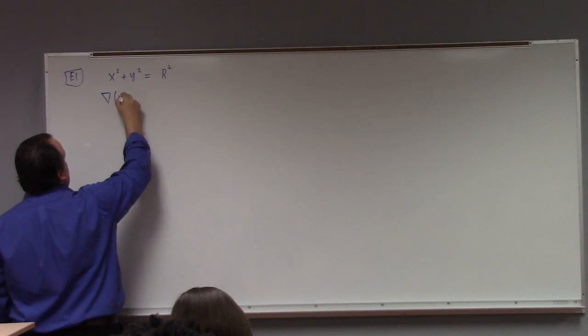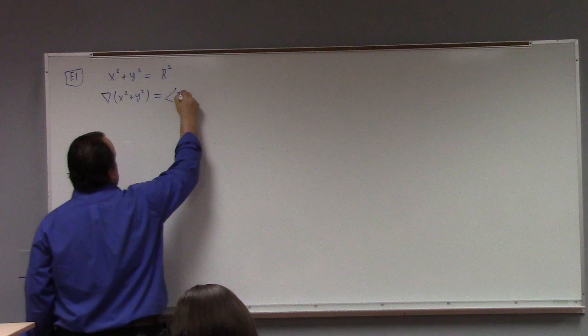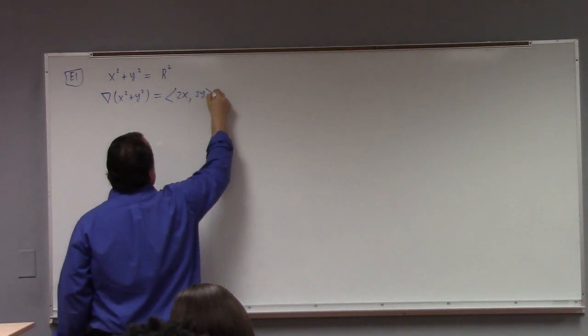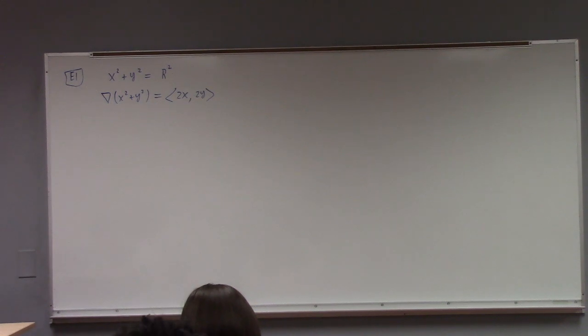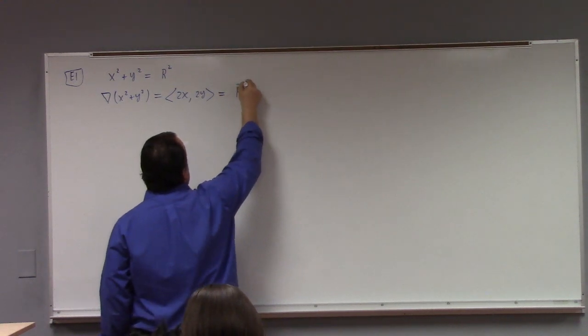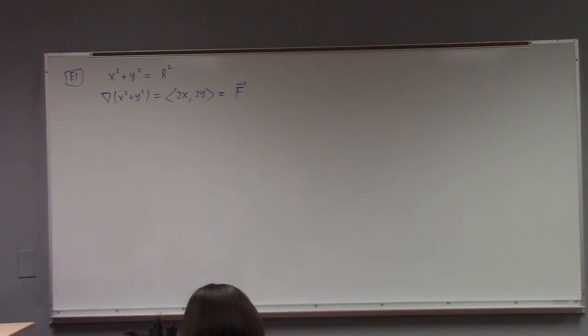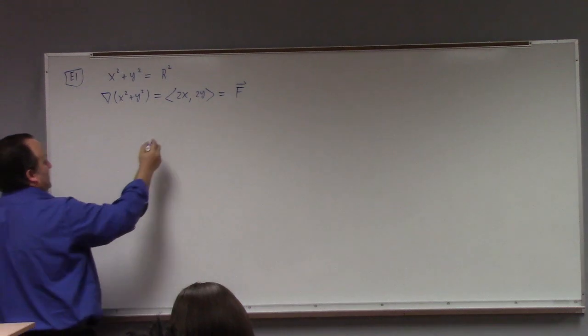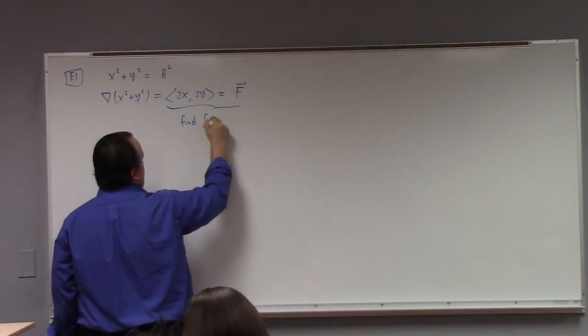The gradient of x squared plus y squared is (2x, 2y), right? So if I think of this as a vector field, what would the integral curves to that vector field be? So question, can we find the integral curves to this?